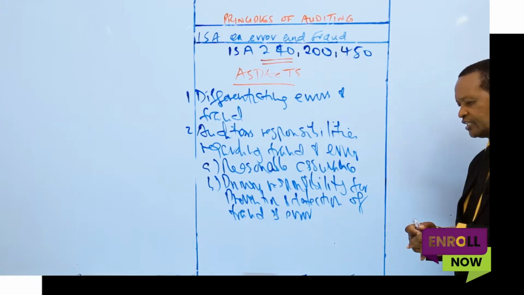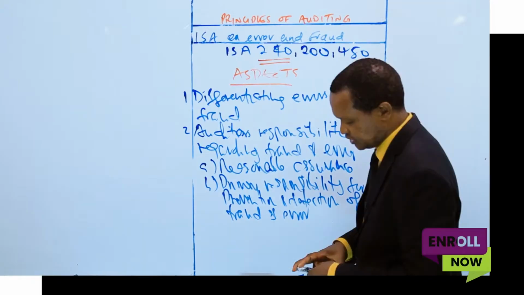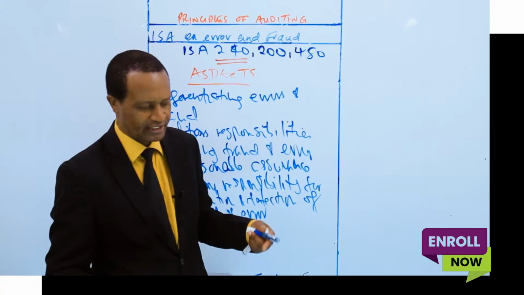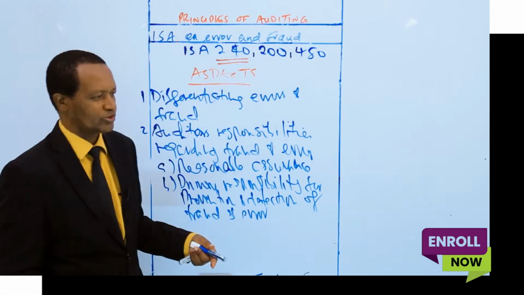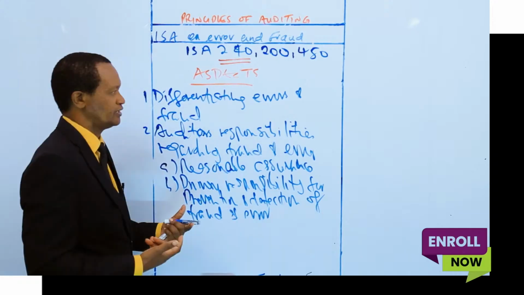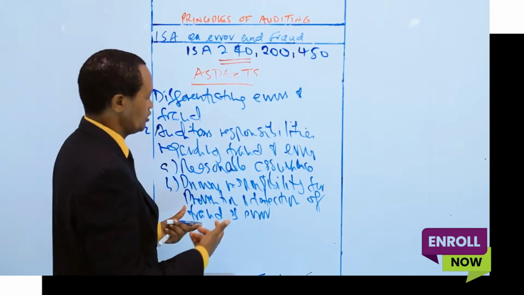So the auditor has responsibility to structure and design audit procedures that will be able to detect fraud or error in the financial statements of the entity.